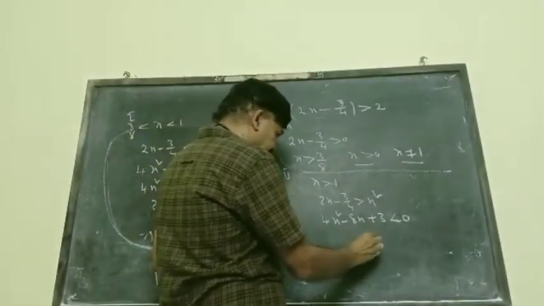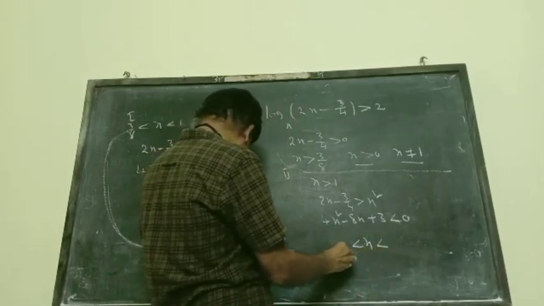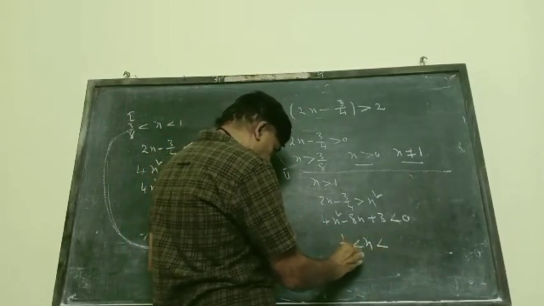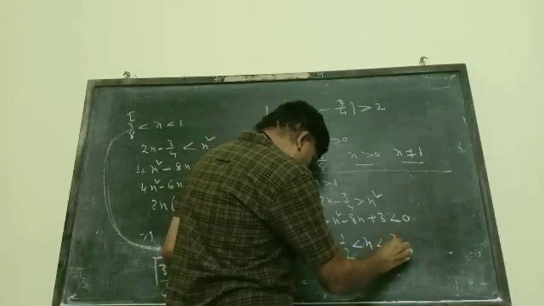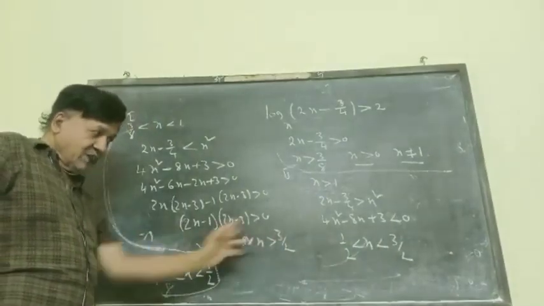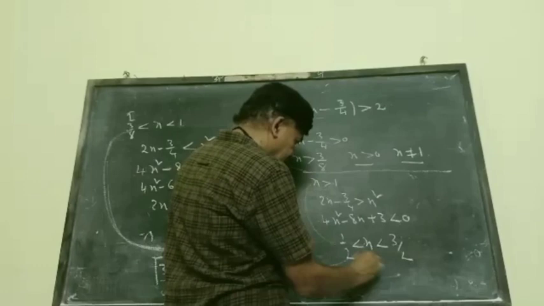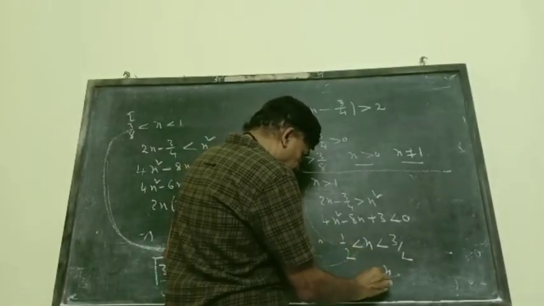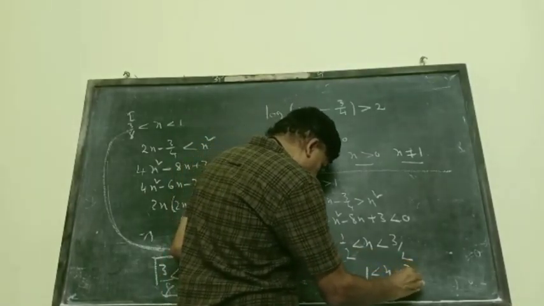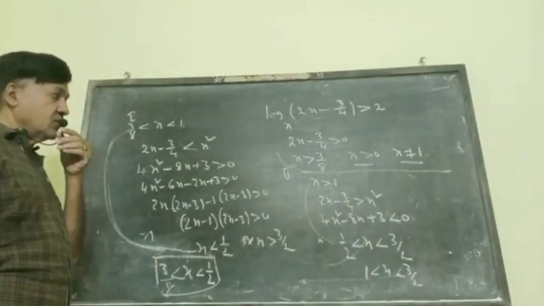Then if you solve like this, you are going to get x value to lie between 1/2 to 3/2. Yes, x value should lie between the roots. What is the intersection with this? x value lies between 1 to 3/2.